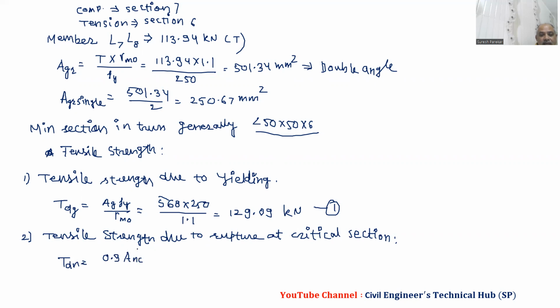NC means net area of connected leg. 0.9 ANC into Fu upon gamma m1 plus beta AGO Fy upon gamma m0. And then we will substitute the values.